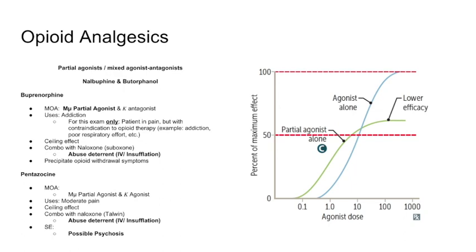The last thing is it may precipitate withdrawal symptoms. So if you're going to start an addict on buprenorphine, before they start, you actually have to be suffering from withdrawal symptoms. Because if you're not suffering from withdrawal symptoms, you will be put into withdrawal from opioids, because this drug is a partial agonist.